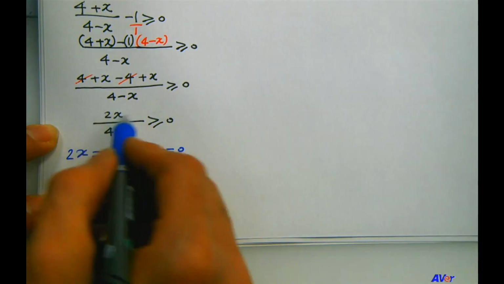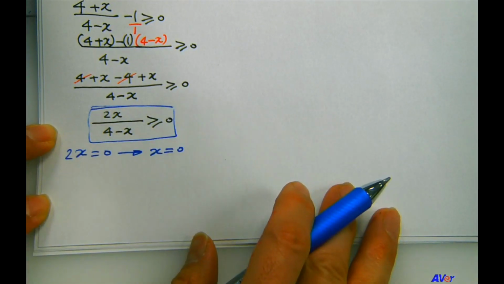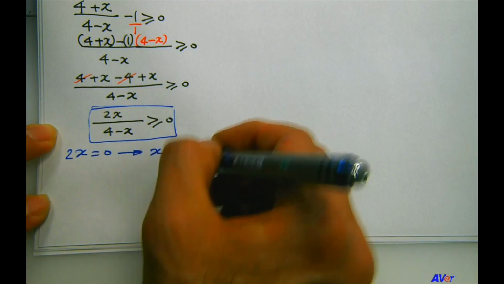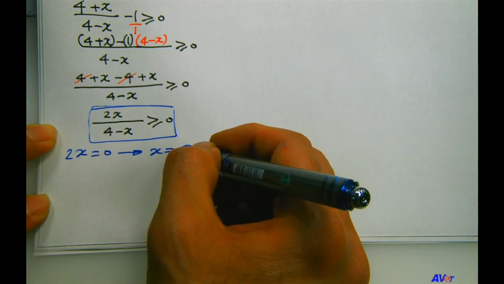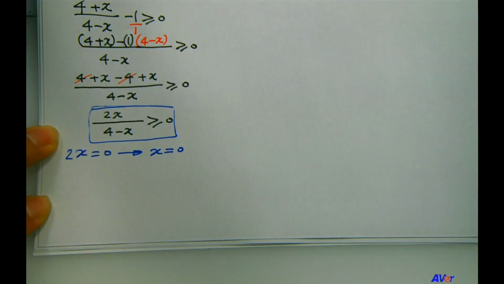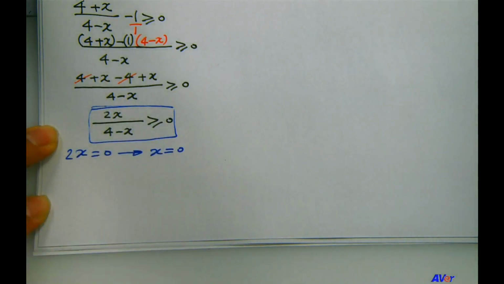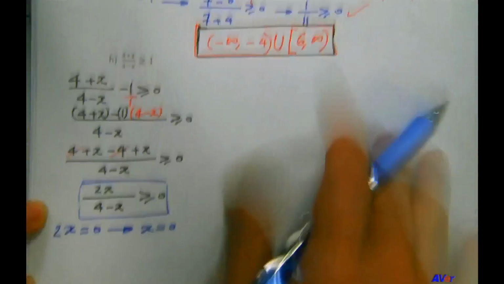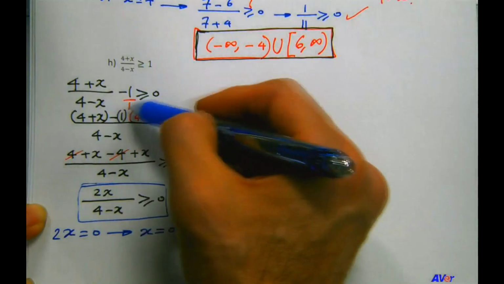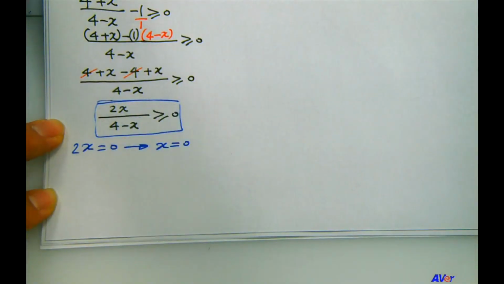Now looking at this, what we have here, do you think x equals 0 can be part of the final solution? You already know this is a boundary solution, but will it be part of the final solution? If you answered yes, you are absolutely correct. It can be, because notice the left side is allowed to be equal to 0. This is one of the reasons we moved the one to the left and took the common denominator, to find what makes this fraction equal to 0.